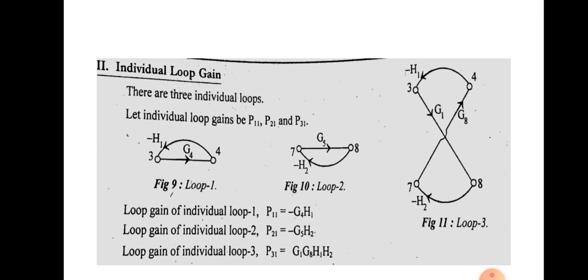So if you are asked to find out the set of non-touching loops, you can see that loop 1 and loop 2 are non-touching because the nodes are entirely different. But you cannot say that loop 1 and loop 3 are non-touching because 3 and 4 are common in both. So there is only one pair of non-touching loops, that is 3, 4 and 7, 8.